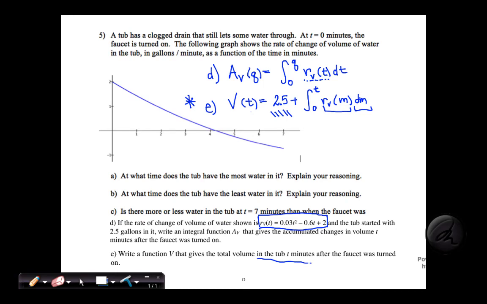So the a sub v of q is this, or a sub v of whatever letter I want it to be, is this part up here. If I wanted to write v of t a different way, I could say it's just 2.5 plus what that accumulation function gave us. I'd have to use a sub v of t in order to have this be v of t. But the difference between total amount or total accumulation and net accumulation is just a starting value.